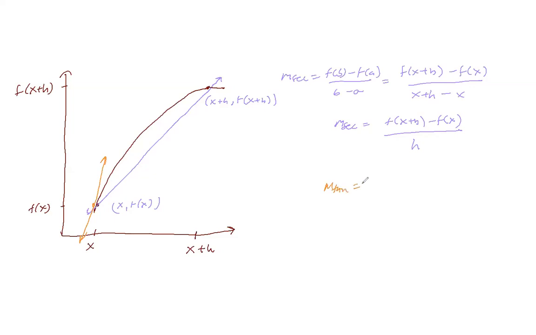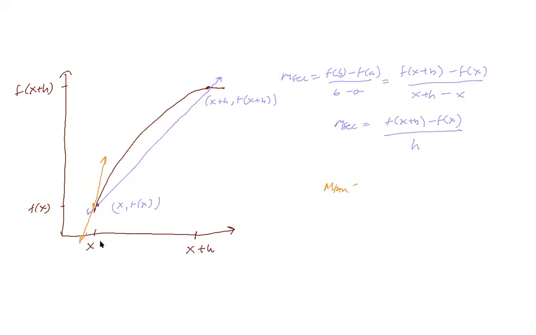And if you notice in the last example, what we wanted to do was essentially make x approach c, right? This is not the exact same situation, right? We could make x plus h approach x, right? But because our slope of a secant line is a little bit different, what we actually care about here is something a little different.